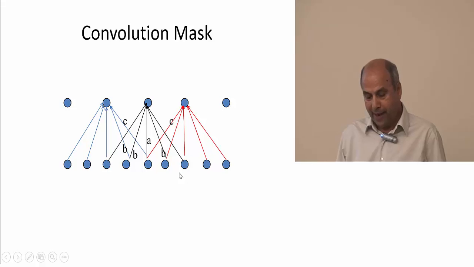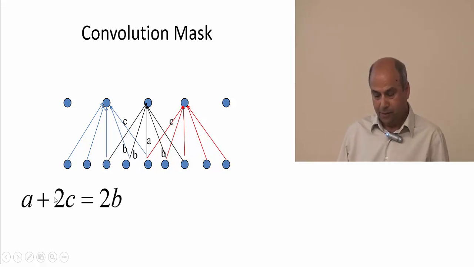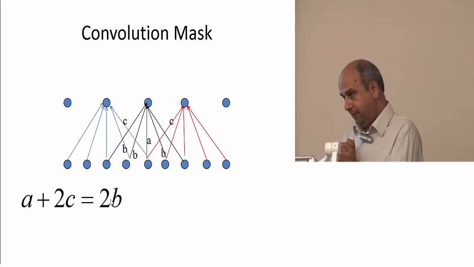Therefore we will have this constraint: A plus 2C is this kind of pixel, and B plus B is 2B, which is this kind of pixel. The contribution from this pixel is this much, and from this pixel this much. They should be equal, because every pixel contributes equally to the next level.